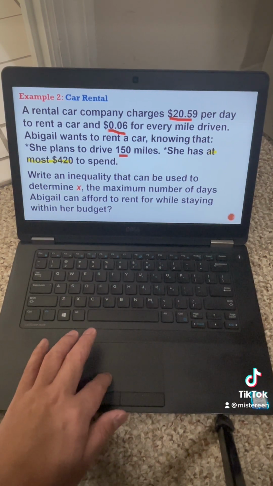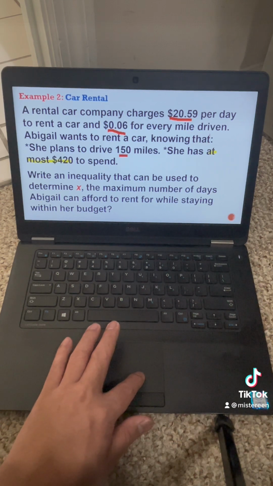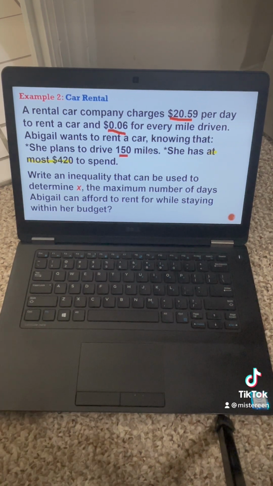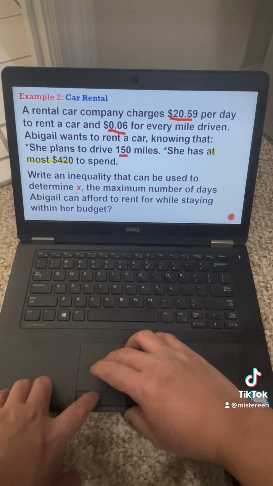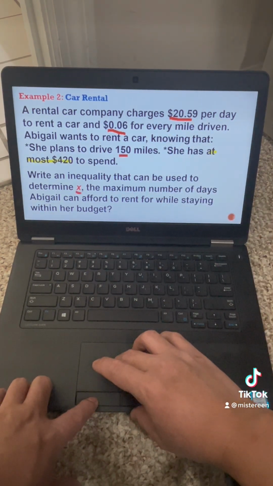And 0.06 is the charge for every mile that Abigail drives the car. And 150 is the number of miles that Abigail plans to drive. And then, of course, don't forget to use the variable x, because one of these three numbers should have the variable x.